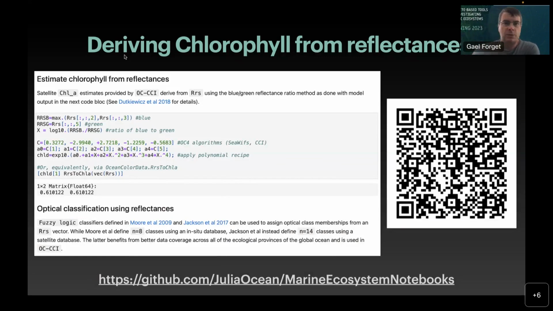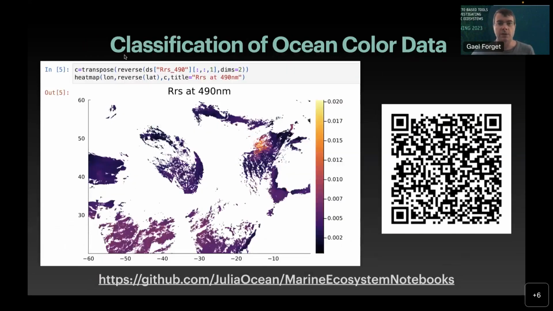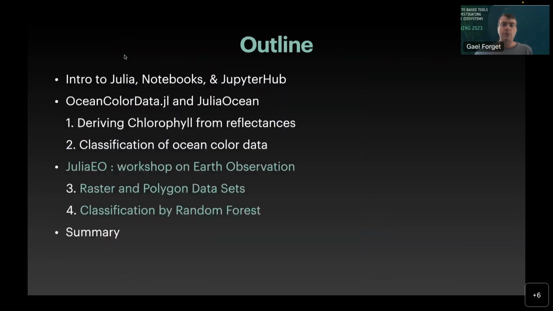This was the notebook, 2 notebooks, one that derived chlorophyll from reflectances, another one that derived classes, classification from the same kind of data. And that concludes this part. So again, I will take a little break to give you a minute to write down questions you might have.